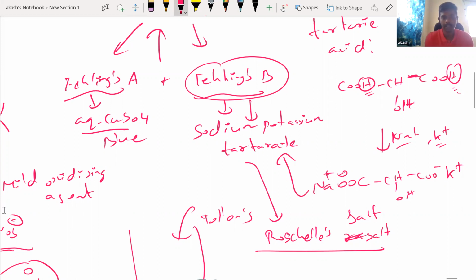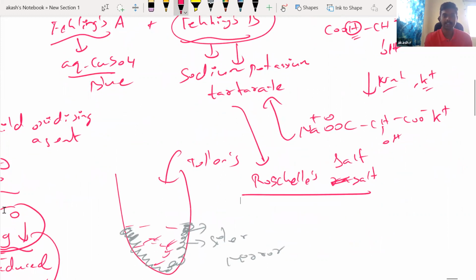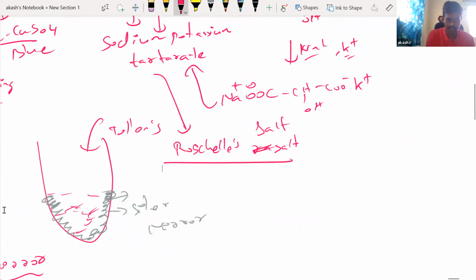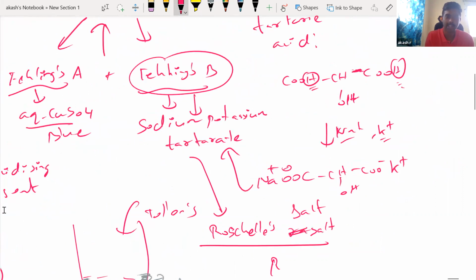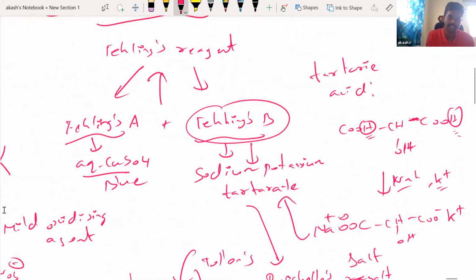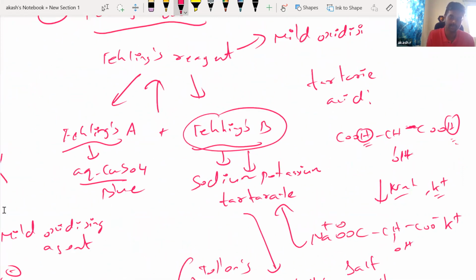Now what exactly is going to happen in this test? This overall Fehling's reagent is again going to be a mild oxidizing agent, just like Tollens' reagent. Obviously, if I have an aldehyde, it is going to convert that aldehyde into its corresponding acid.